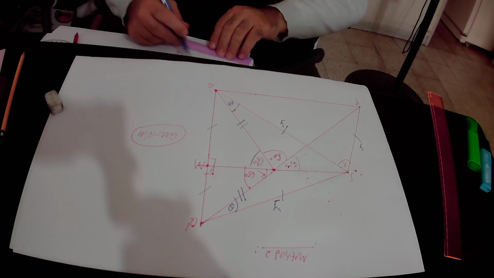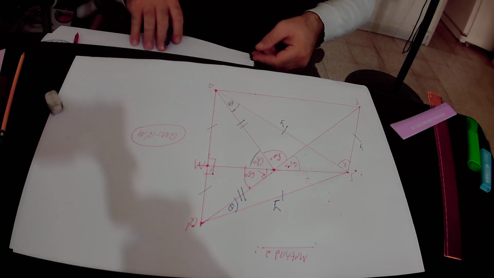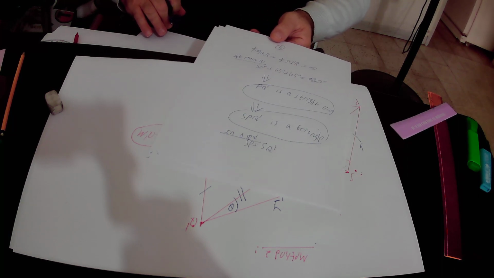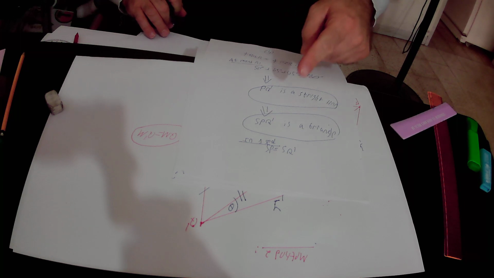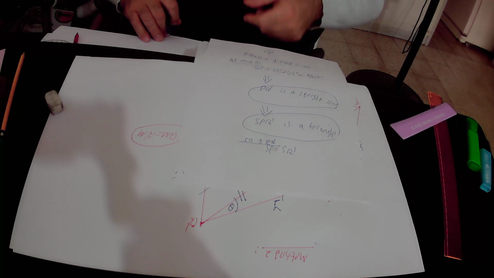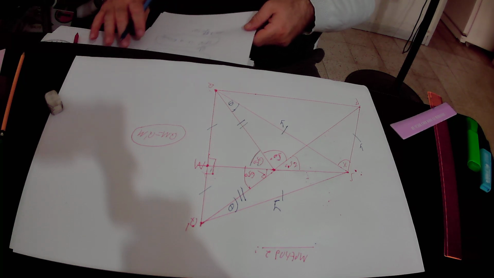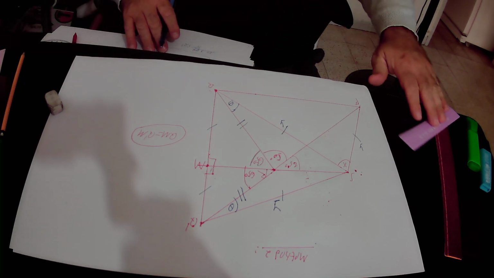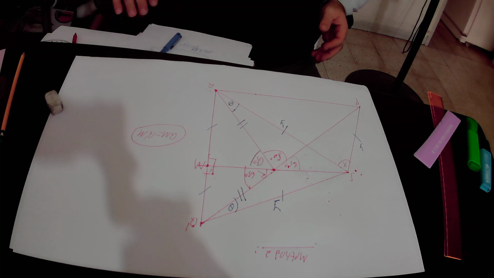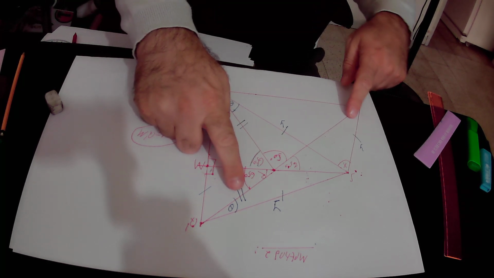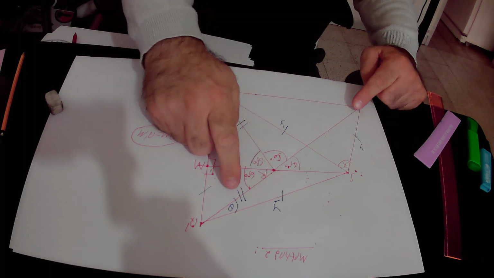Again, in triangle SPQ dash, we know that SP equals SQ dash, and according to the rule that in front of equal sides in a triangle there are equal angles, those two angles that are located in front of those two equal sides must also be equal to each other.